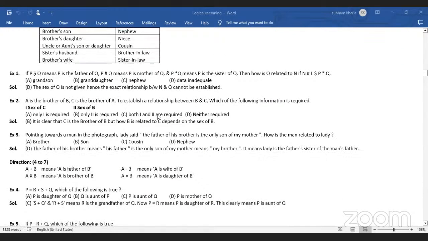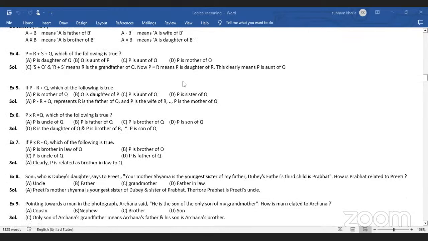Now let's see some questions. पहले पढ़ते हैं. अच्छा. To check some value, to check how to find blood relation, there is a pattern called family tree. You must know how to draw a family tree. कैसे बनाते हैं family tree? देखो ऐसा बनाते हैं. अच्छा, let me show you here.